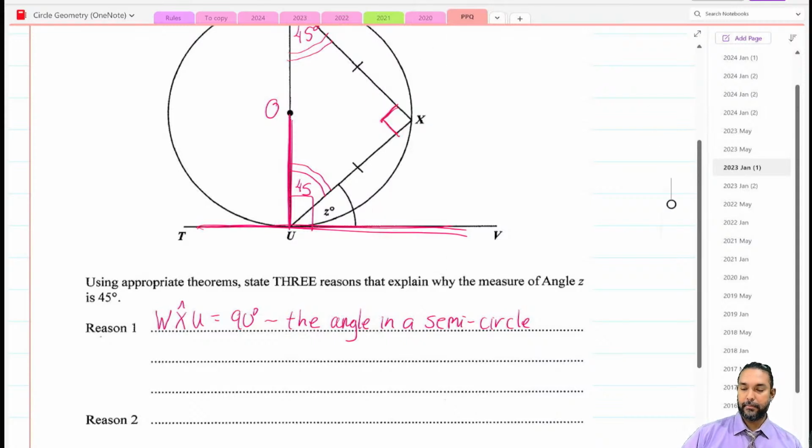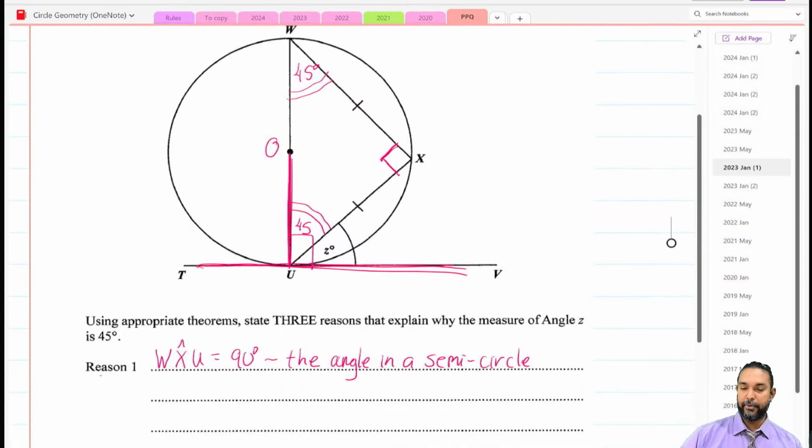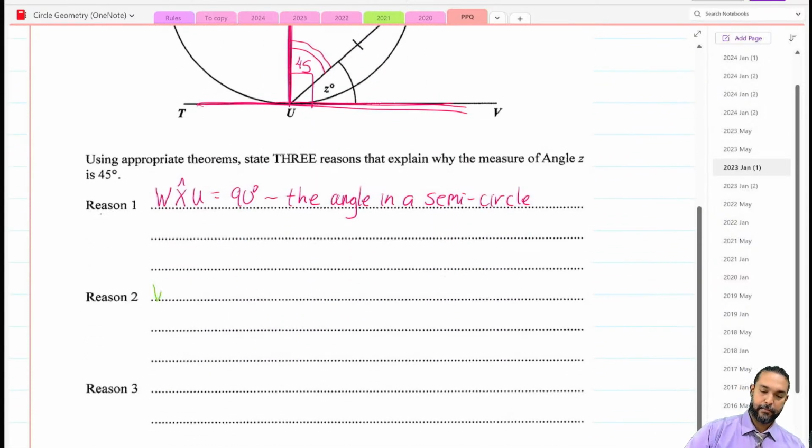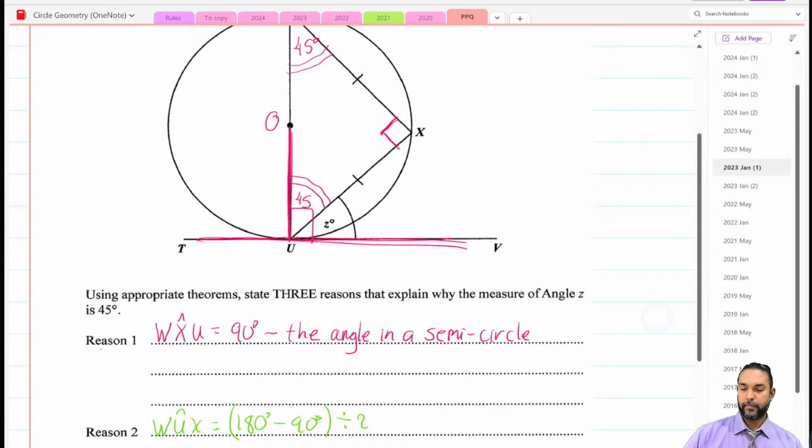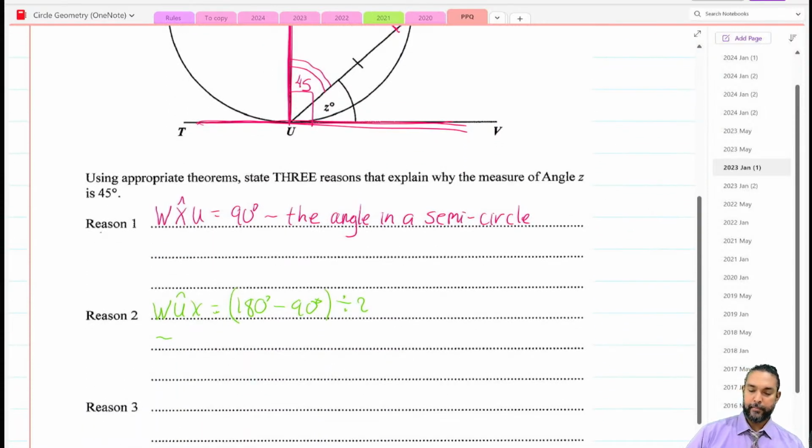And then WUX is equal to 180 minus 90, then divide by 2. Now, here, to me, you have two reasons. Right?